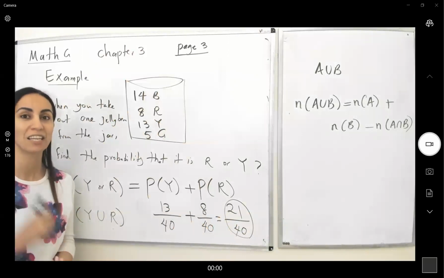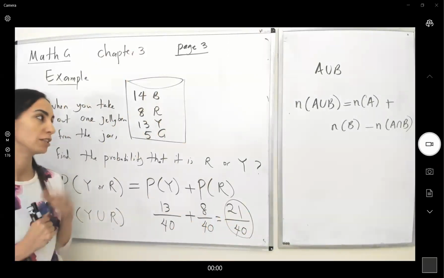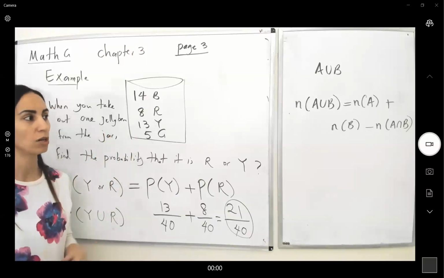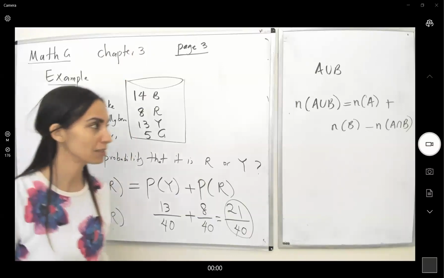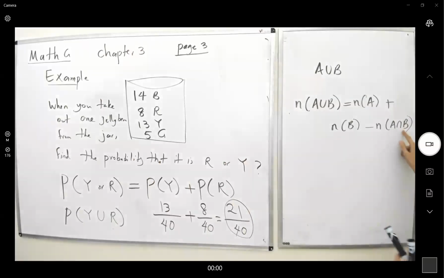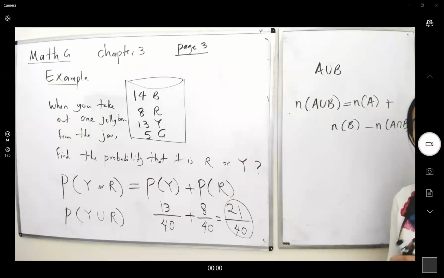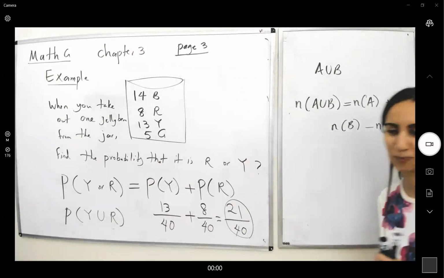Again, note that there is no intersection between yellow and red jelly beans. So in this case, since the intersection between these two sets is empty, there is nothing in it, the cardinality that we learned is equal to 0.